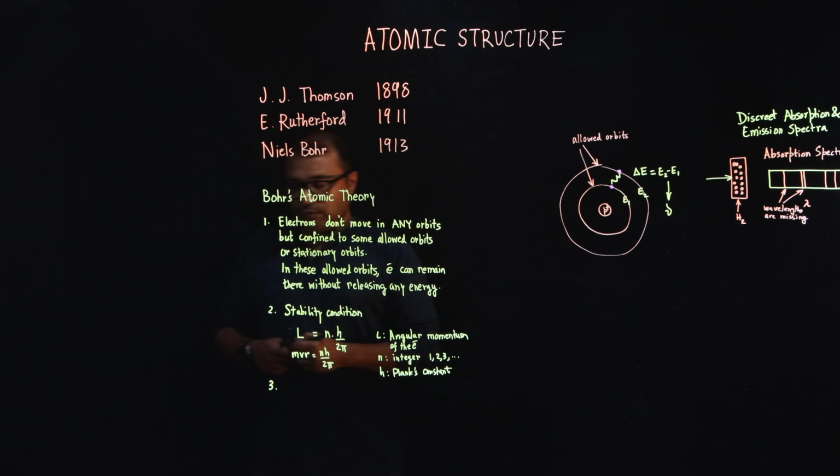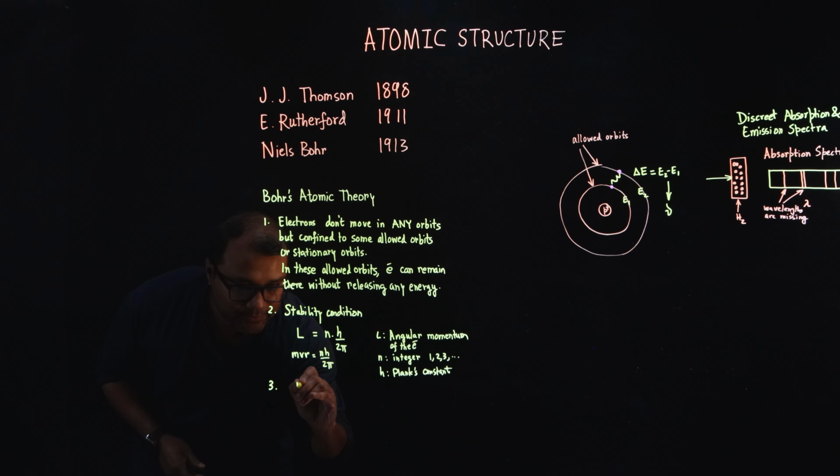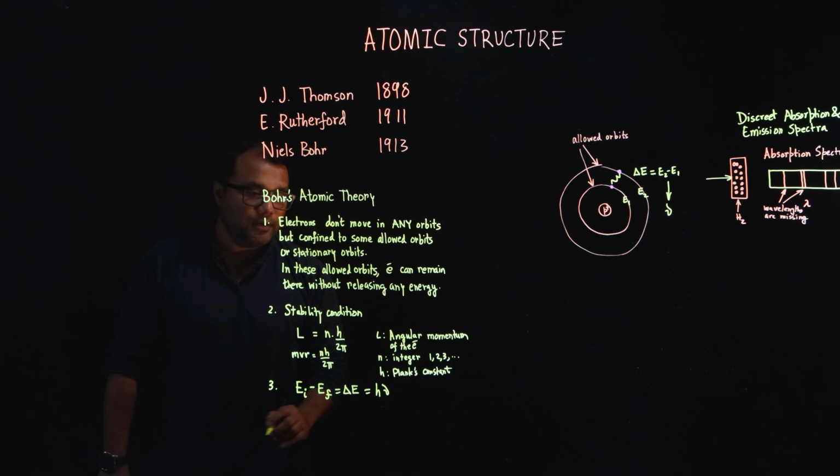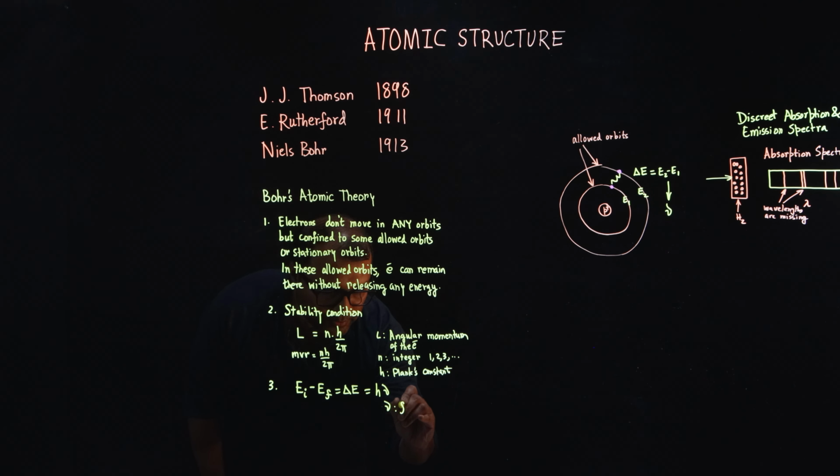Okay, so that is what Bohr proposed in his third postulate, that atomic transitions can happen only when the difference between the initial energy and the final energy, which we will call delta E, is h nu, where h is Planck's constant and nu is the frequency of absorbed or emitted light.